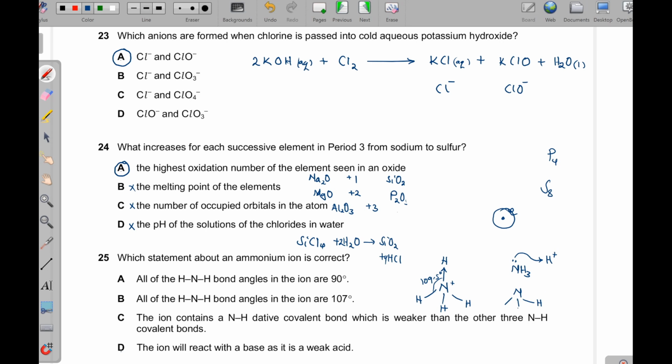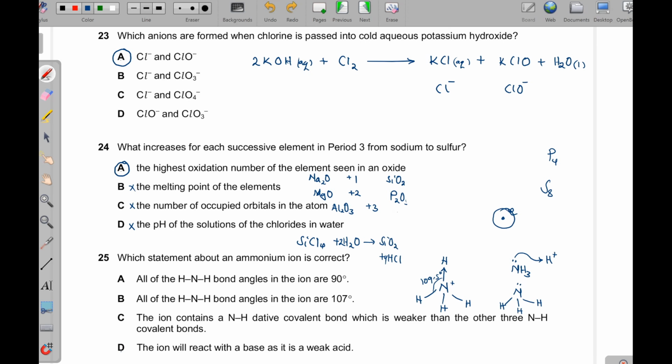Using valence shell electron pair repulsion theory, we have a lone pair of electrons here. The repulsion between the lone pair and a bond pair is stronger than between bond pairs. So if a bond pair is replaced with the lone pair, there is going to be stronger repulsion here. So the angle that we get between these bond pairs is going to be smaller than this because of the stronger repulsion from here.